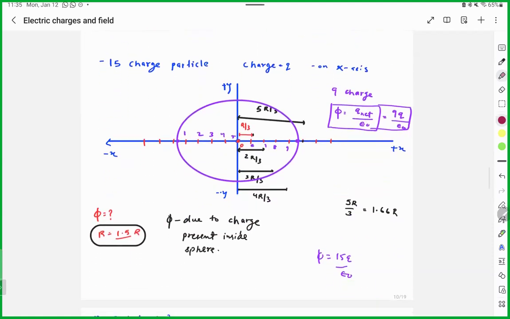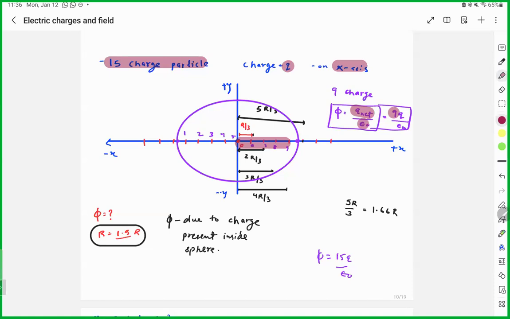This is the important question. You have 15 charged particles, each having charge q on the x-axis. And if you want to calculate electric flux, you know charge by epsilon. I think 9 charges are present on the right hand side. That's why it is written 9. Distance will vary. Every time the distance is, I guess, r by 3 between everything.